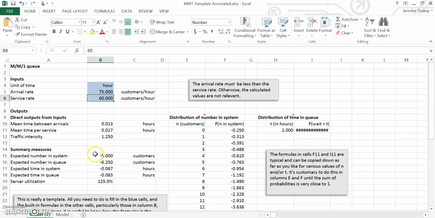You start seeing -5 in Q, and so that does not work at all. Basically, what would happen here is that the queue would just keep getting longer and longer and longer, and it would never even out or reach a steady state. So that's why you cannot use it.